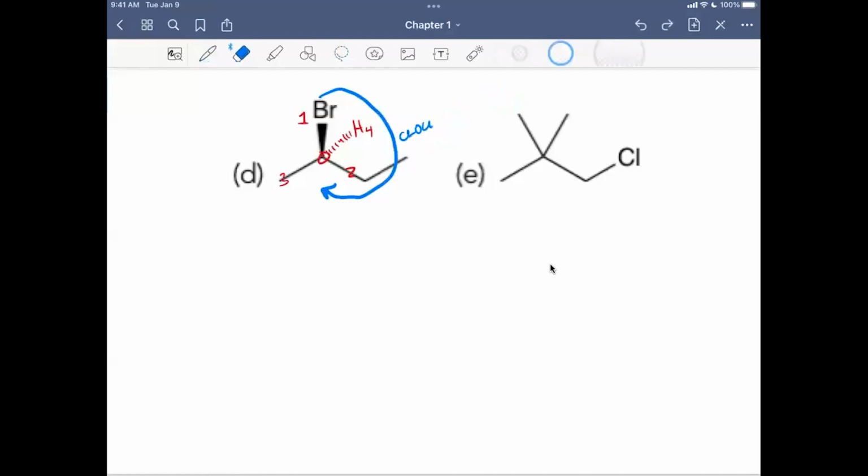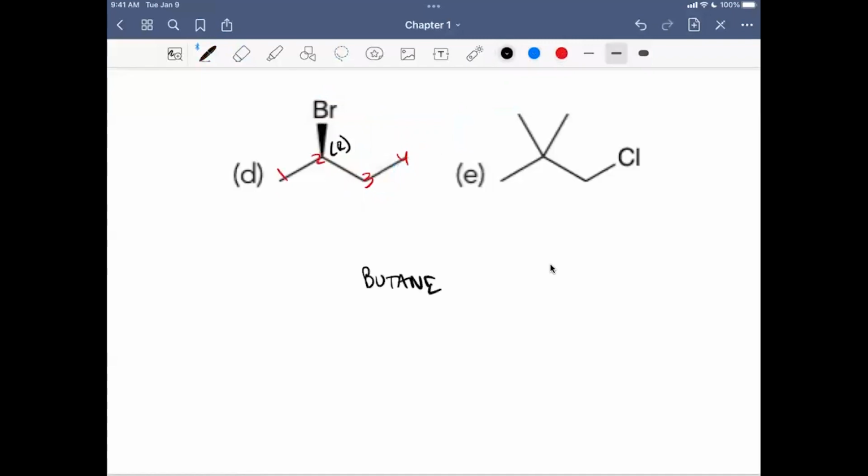So I'll erase all this and just write on this chiral center a miniature R so I know to go back and write that R in my nomenclature. So numbering this and actually going on to the nomenclature, we have a butane as our parent chain, and we have a one substituent, that bromine, so that would be a 2-bromo. And where do you add that R into?